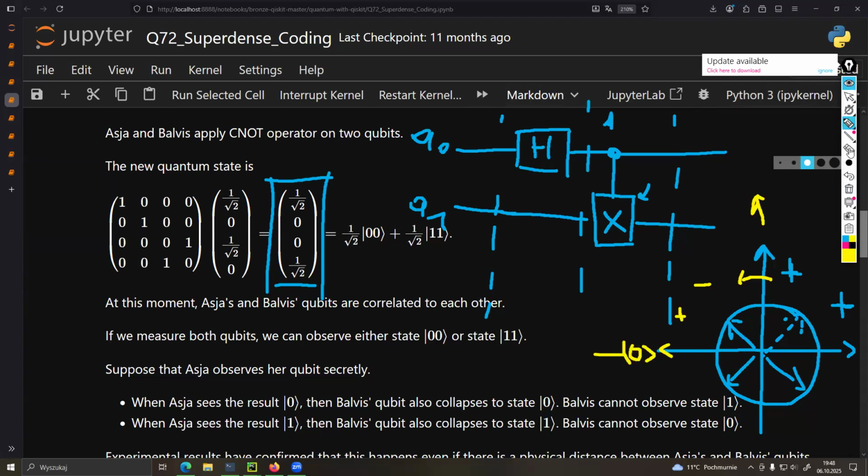Other than that, we didn't do much in terms of utilization of the entire space. And superdense coding aims to fix that, aims to practically give us a so-called protocol on how we can encode more information in a smaller amount of space.